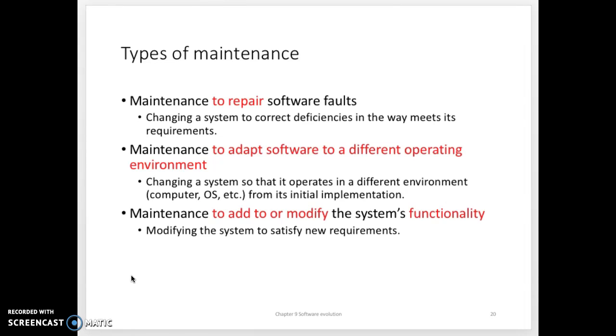Maintenance has three different categories: maintenance to repair software faults, if there are any; maintenance to adapt software to a different operating environment, if there are changes to the environment running the system; and maintenance to add or modify functionalities.